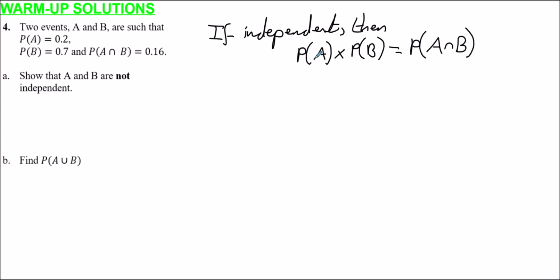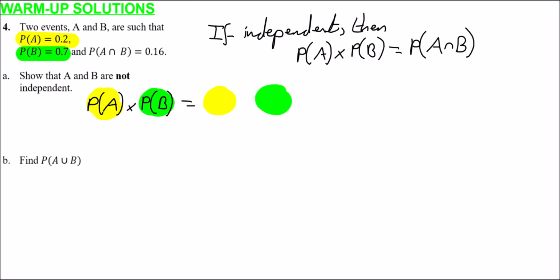So first of all, let's work out what P(A) times P(B) is. So the probability of A multiplied by the probability of B, well, it says in the question, luckily, the probability of being event A is 0.2, and the probability of event B occurring is 0.7. So we do 0.2 multiplied by 0.7.